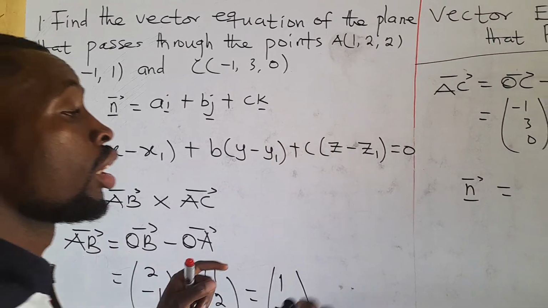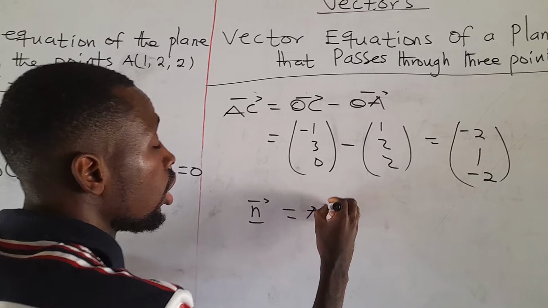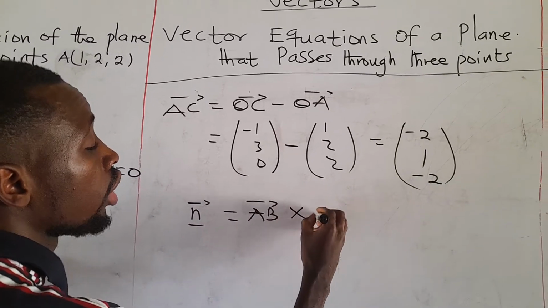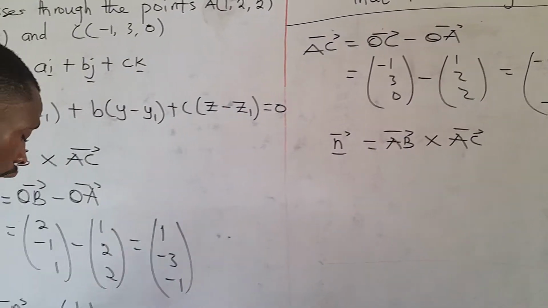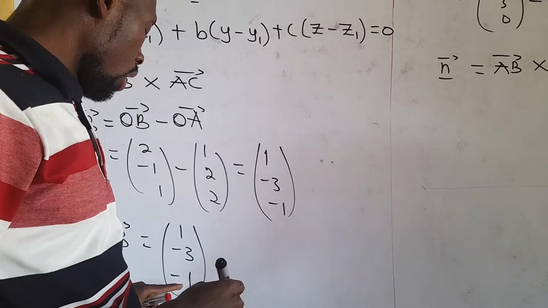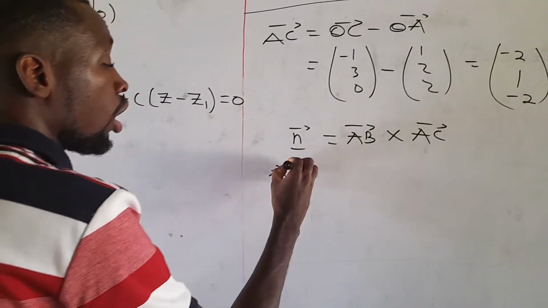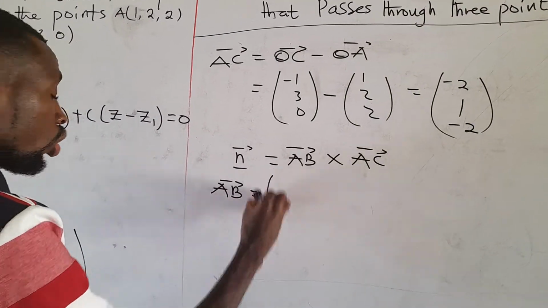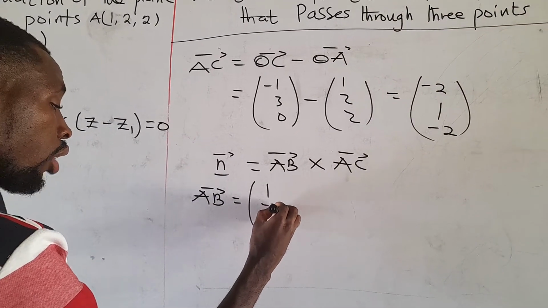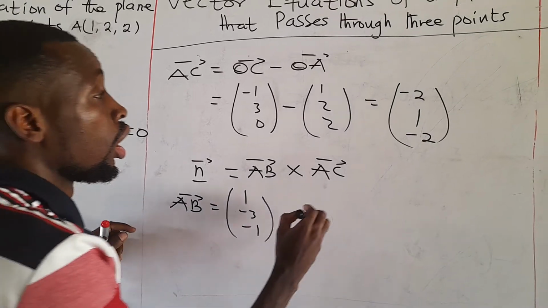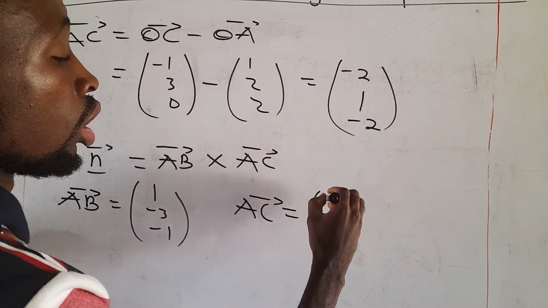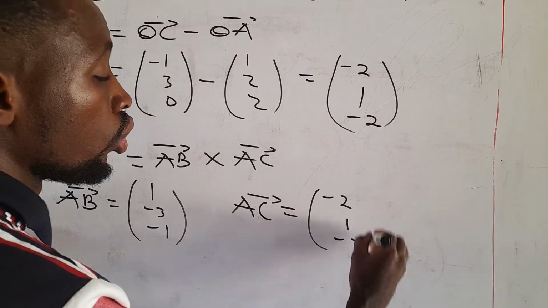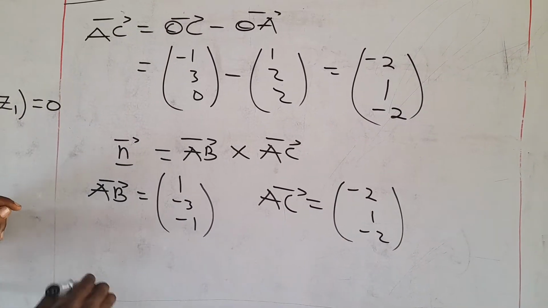We found AB to be 1, -3, -1. So let's write our AB is equal to 1, -3, -1, and our AC is equal to -2, 1, -2. Then we can find the cross product there.